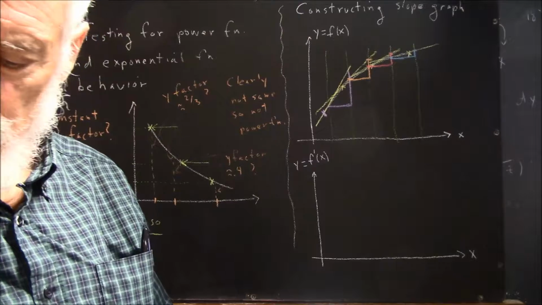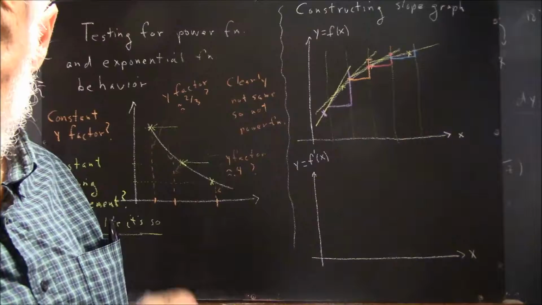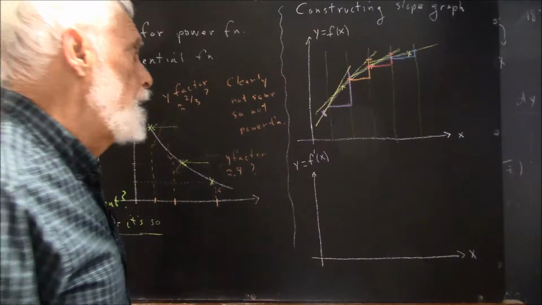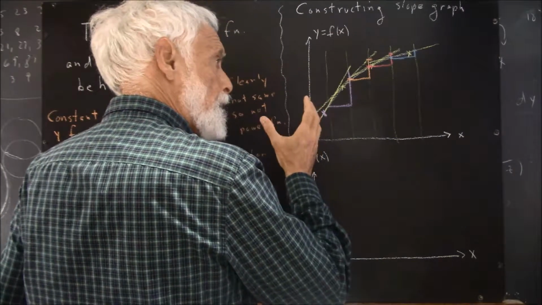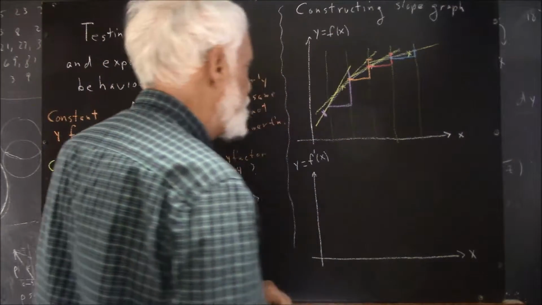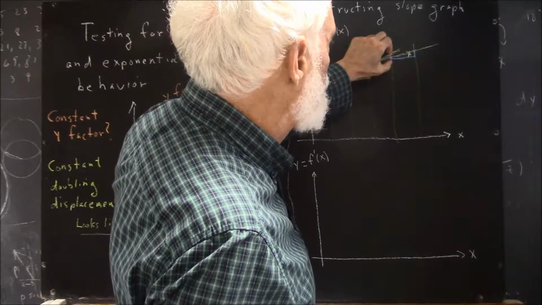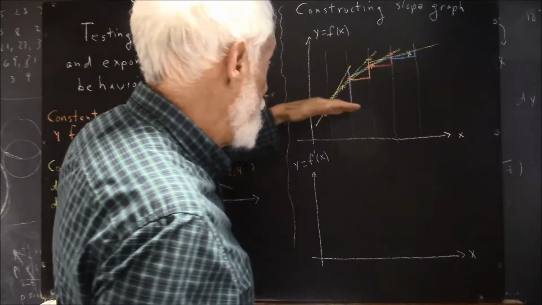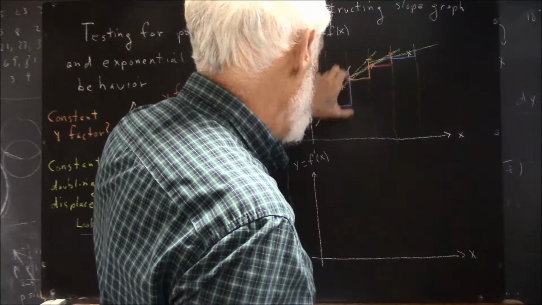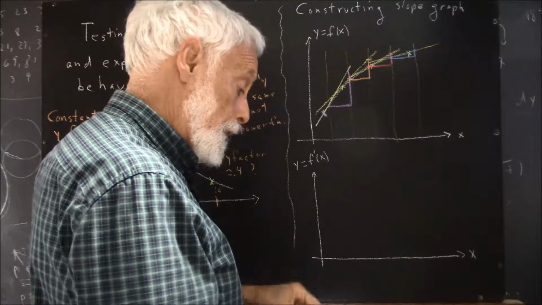Okay, now, without too much comment, I'm just going to say that, the graph being unscaled, and I'll elaborate on this a little bit in a separate video, I can simply take each of these rises, because they all have the same run, and use the rises to represent the y value for the slope graph.